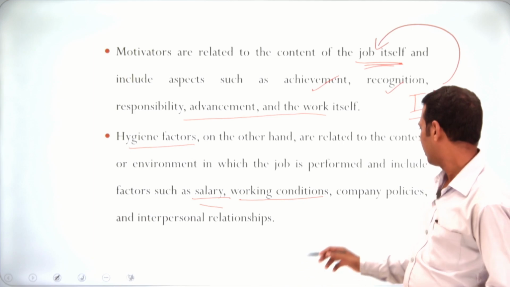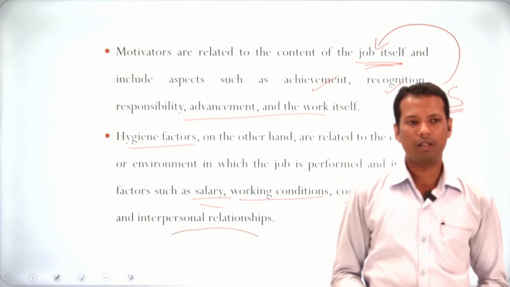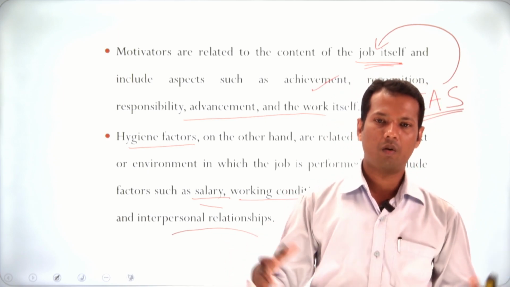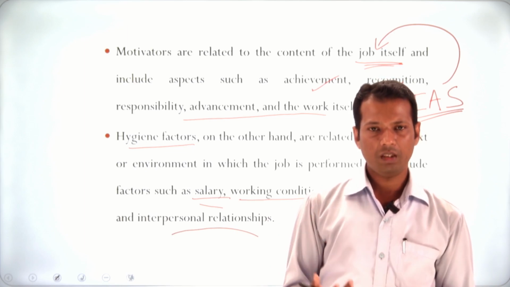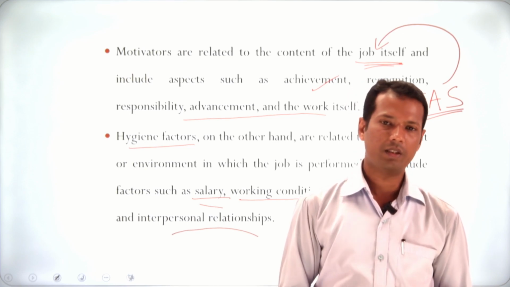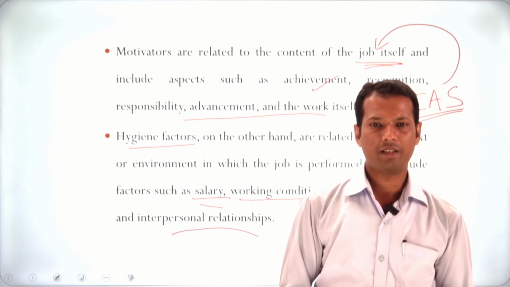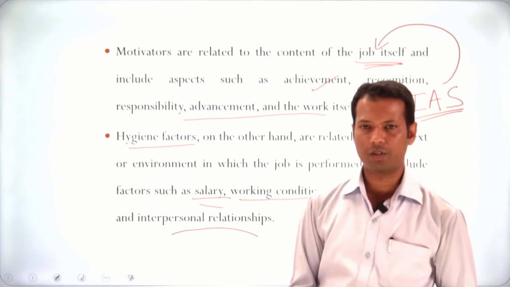What is the company policy and your interpersonal relationship in that company? These also play an important role. These are all termed as hygiene factors. Apart from the motivator, the second factor is the hygiene factor, the extrinsic factor, where salary, working condition and interpersonal relationship play an important role.